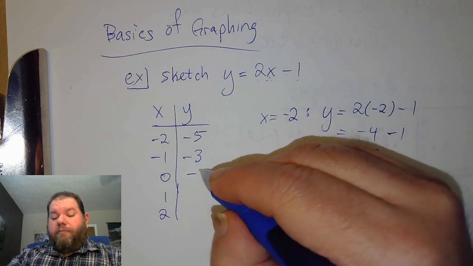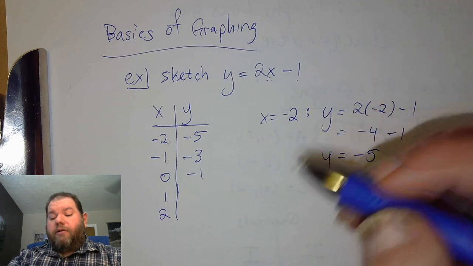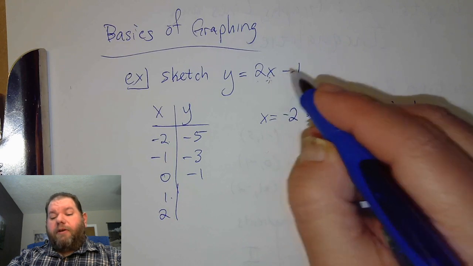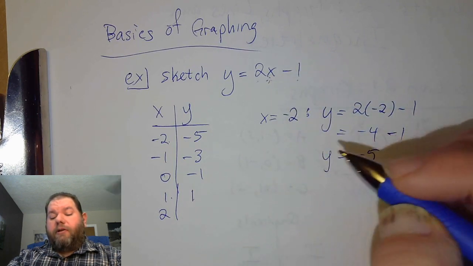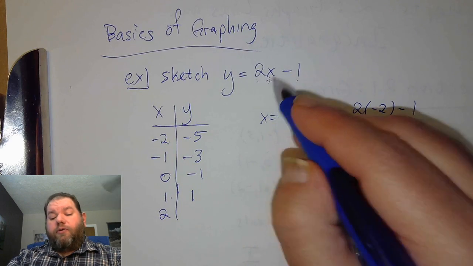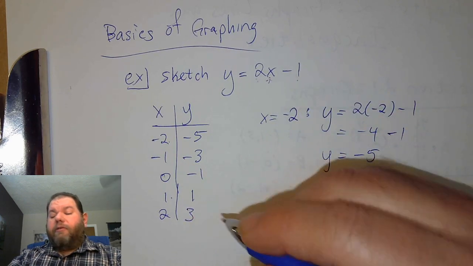Minus 1 makes -1. For x equals 1, 2 times 1 is 2. Minus 1 makes 1. And for x equals 2, 2 times 2 is 4. Minus 1 makes 3.